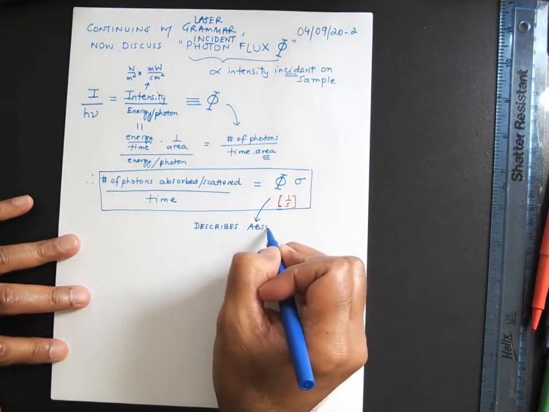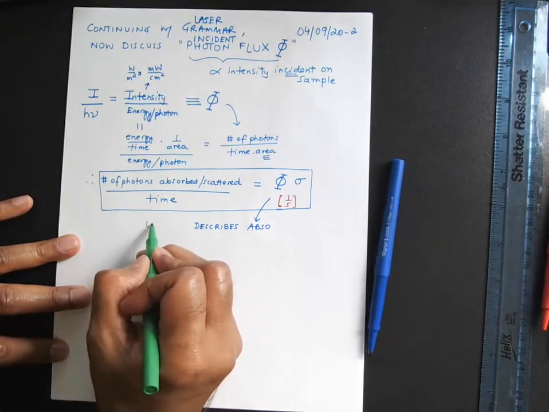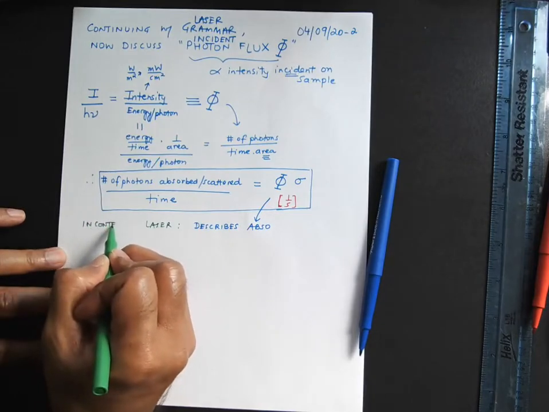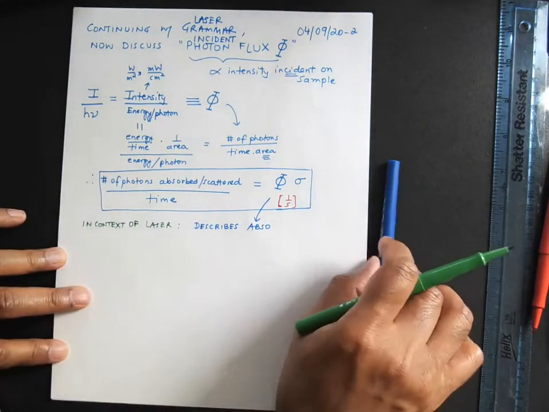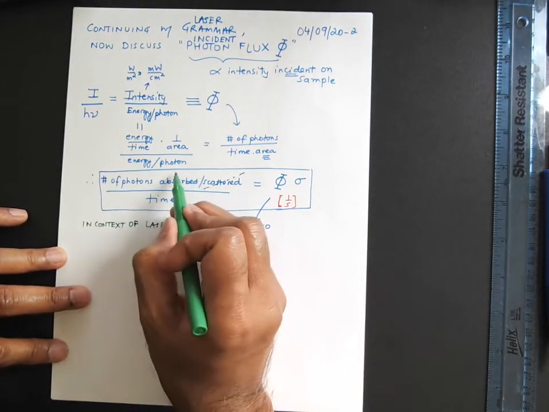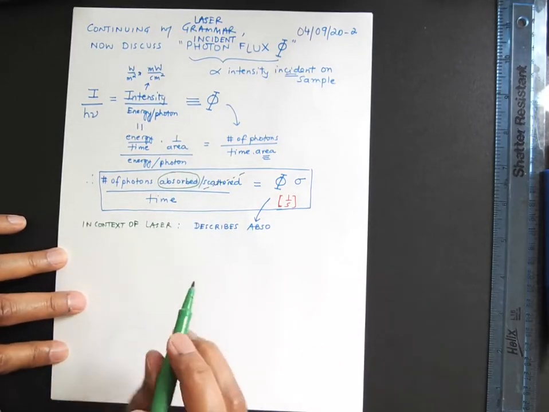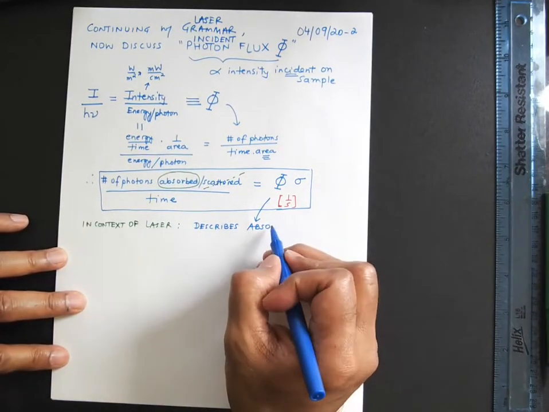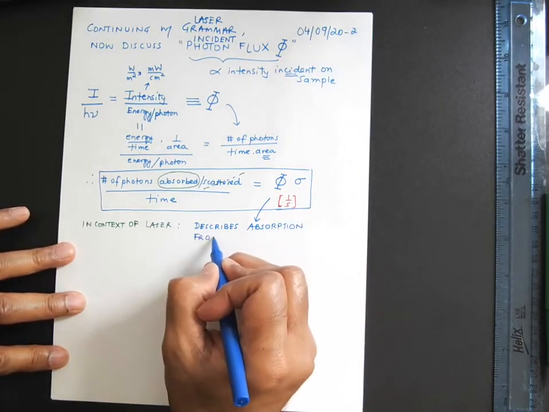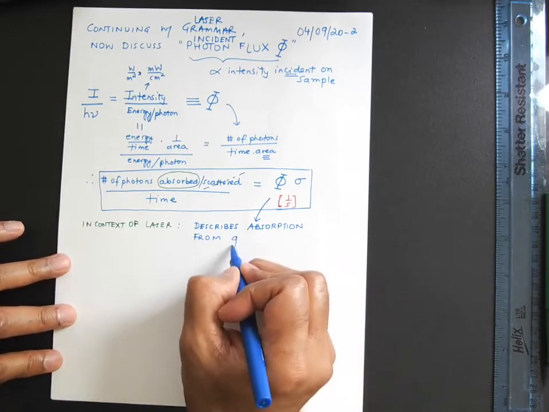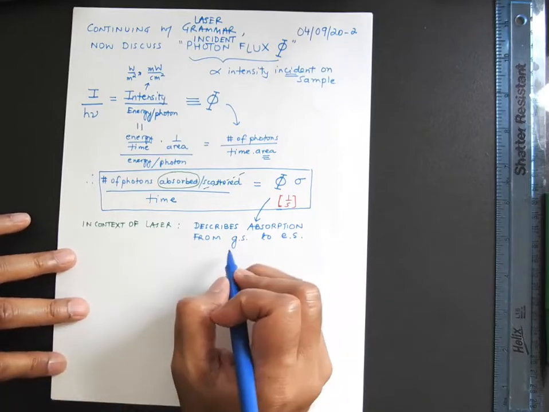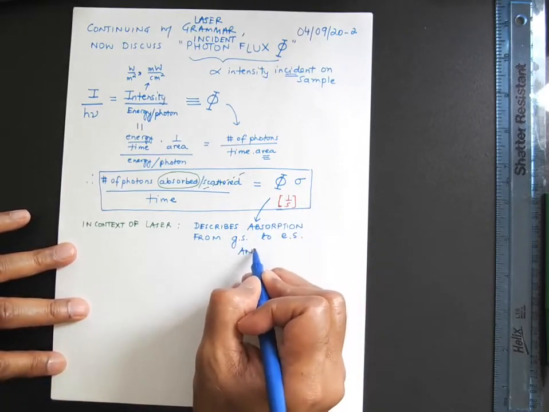is absorption. Okay, so in the context of the laser, the scattering goes away. It's more the absorption that we focused on. And so this describes absorption from the ground state to the excited state, and it describes two processes.